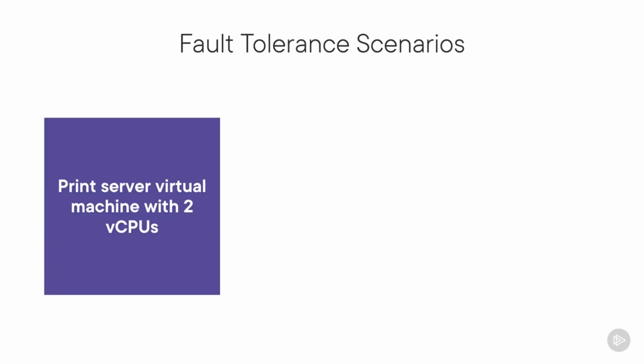For example, let's say that you have a print server virtual machine with 2 vCPUs. While vSphere Standard would support a maximum of 2 vCPUs enabled on a virtual machine with fault tolerance, you have to question yourself, is a print server a really critical virtual machine? I think most administrators would say no, but of course I suppose it depends on the organization, just how critical printing is.